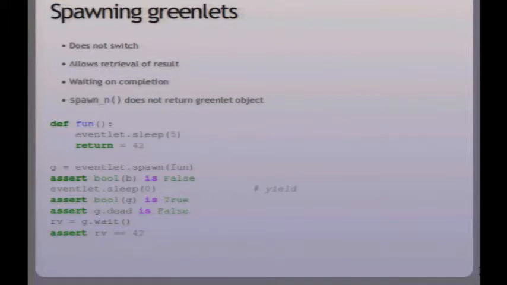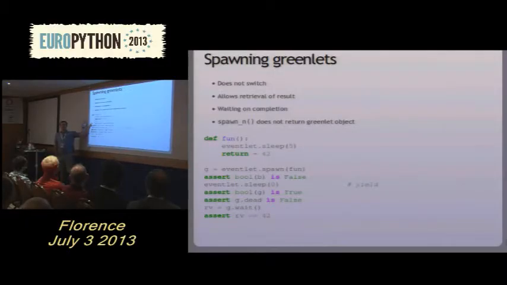Your function body, sorry? A certain return value is false. Where does the B come from? Sorry, say again? Should this be a return value of G? Yes, that should be G. I do apologize. Return equals 42. I'm just, this is just an example of a function body basically.